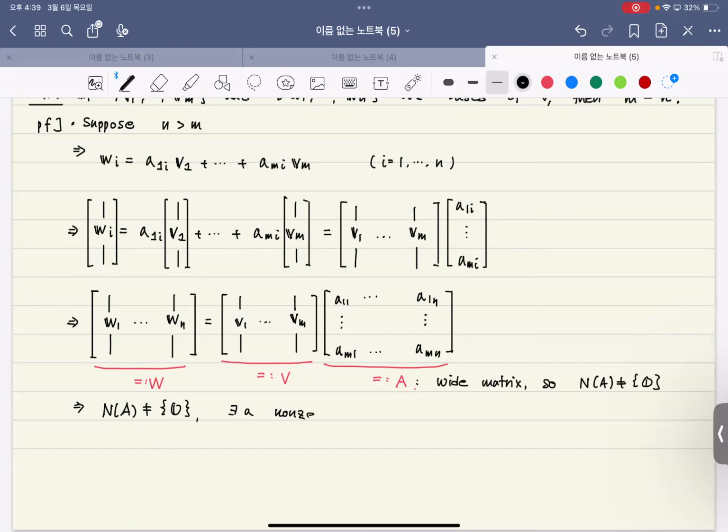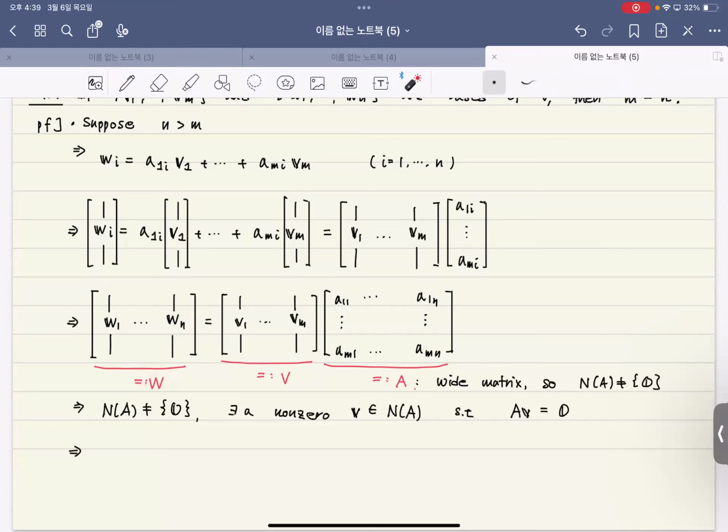So there is a non-zero vector V in the null space of A such that AV is 0, right? Okay.